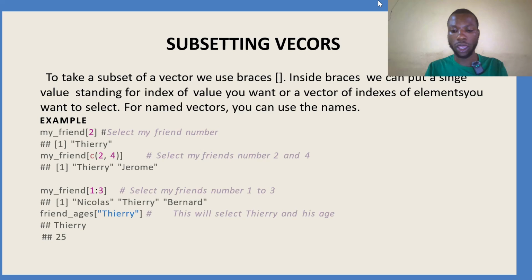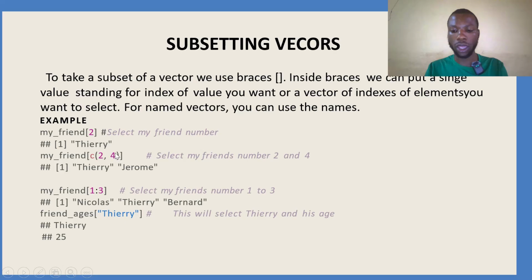We are doing indexing in technical terms. So as an example, we have the object called my friend, and within my friend there are a lot of names, but we need to see who is in position number 2. You see that the result is telling us it's Thierry.